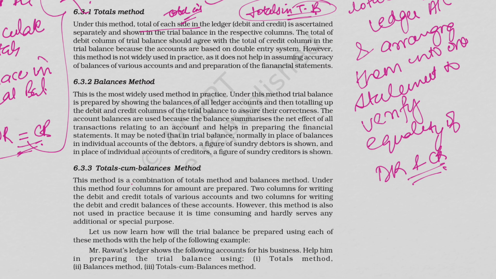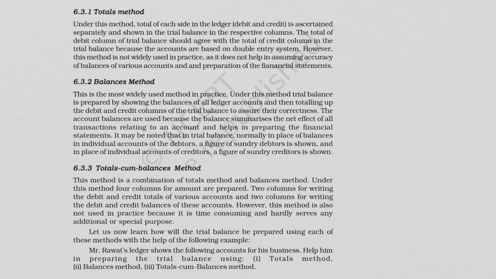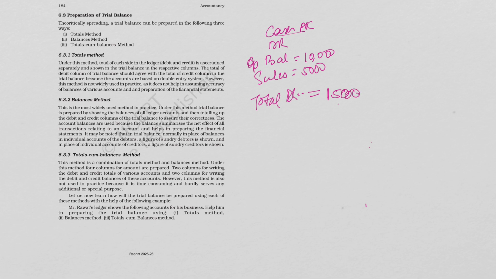Let us see one example. For example, we have cash account, debit side. We have opening balance rupees 10,000. We have sales rupees 5,000. So total debit equals rupees 15,000.